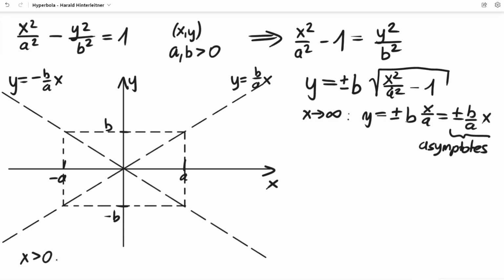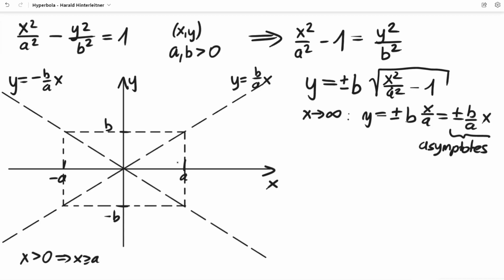In particular, you see the root is only well defined if x is greater or equal a, because if x is smaller than a, this fraction here is smaller than 1, and the term under the root is negative, and you would get a complex root. So this fraction must be bigger than 1, and this is the case if x is greater or equal a.